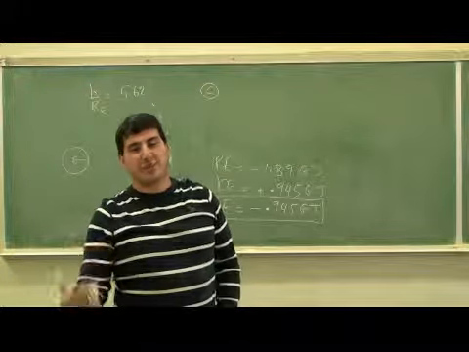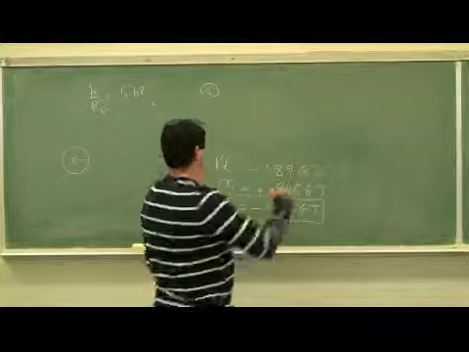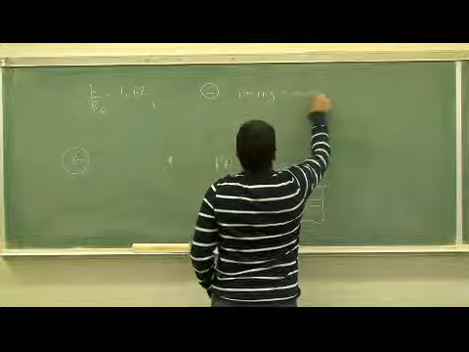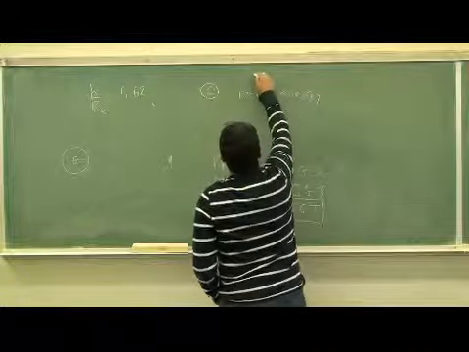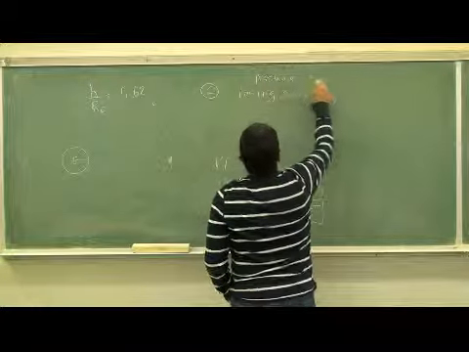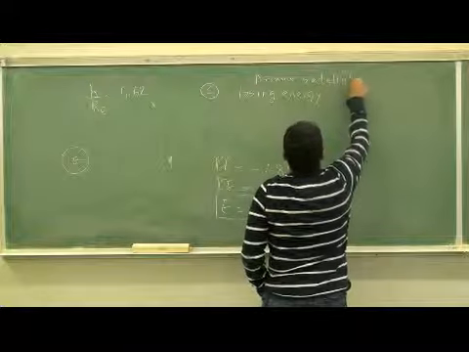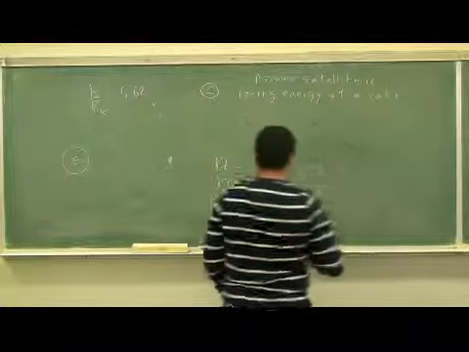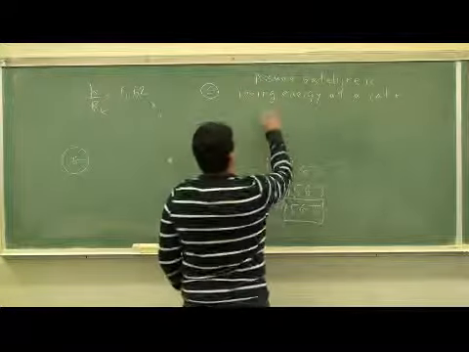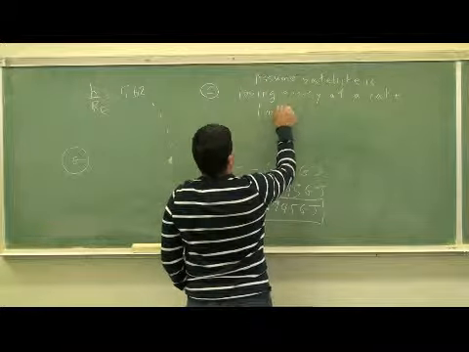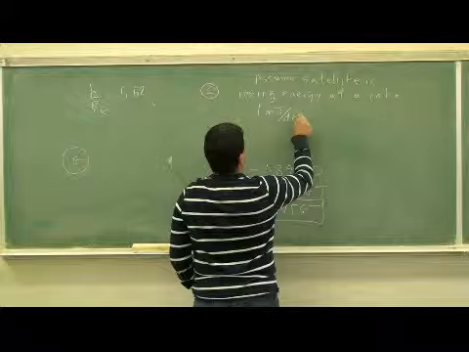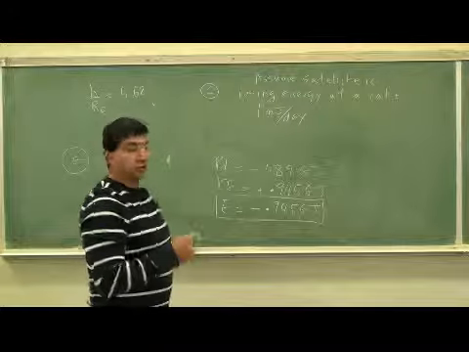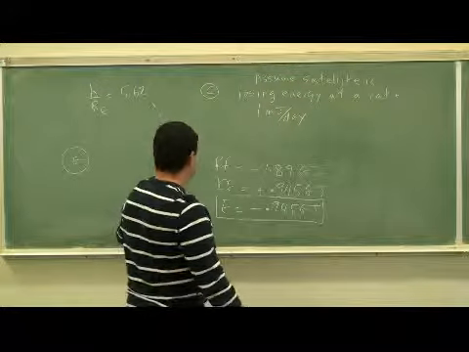It was losing its total energy at a rate of, so assume the satellite is losing energy at a rate of, let's say something like this, 1 megajoules per day. I know that maybe that's a lot. So let's say it's losing total energy at a rate of 1 megajoules per day.